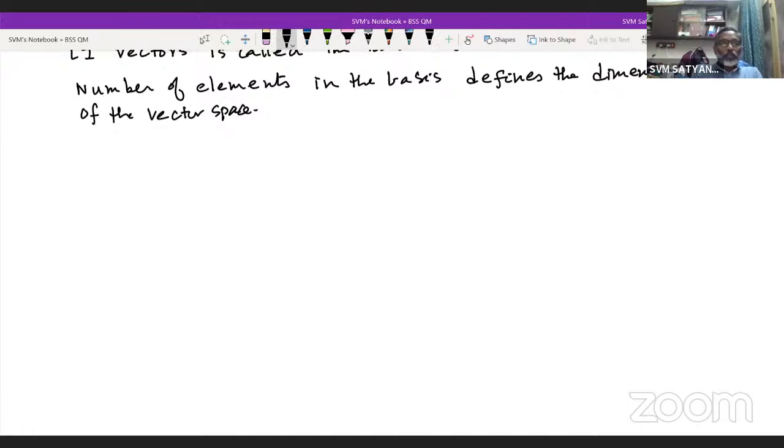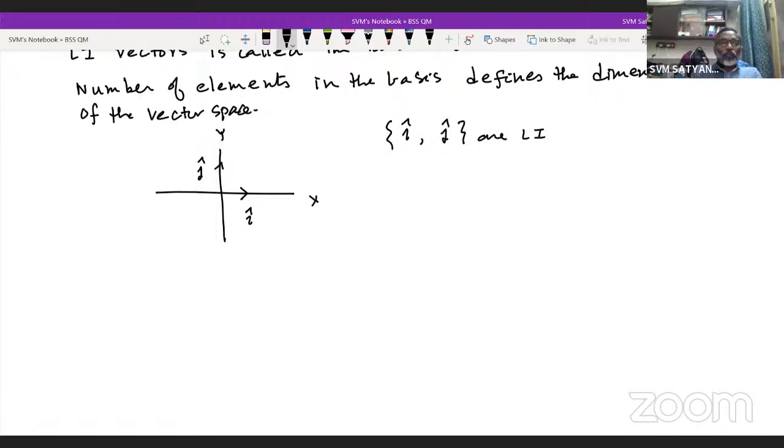So suppose you have a two-dimensional plane like this, the XY plane. Let us say I have a vector i cap and a vector j cap. So i cap and j cap are linearly independent. Now you take any other vector, which I will call some v.